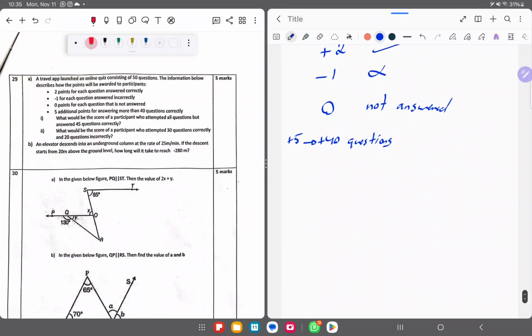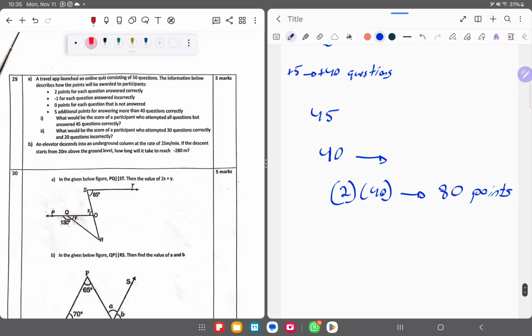So if she answered 45 correctly, she answered 40 correctly, so 2 points for each one. So 2 times 40, that's 80 points.